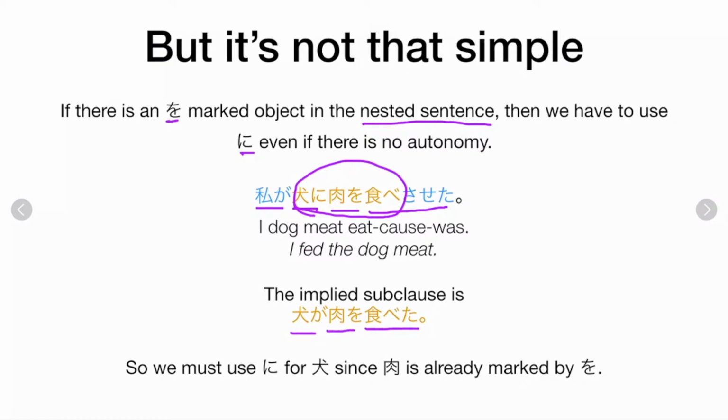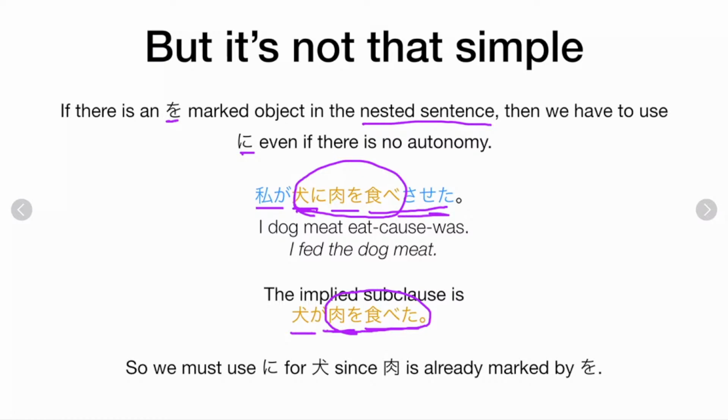Because 肉を食べた is already present, I can't have two O's. That makes it unclear which O is for 食べる. So I change 犬が肉を食べた to 犬に肉を食べさせた, right?